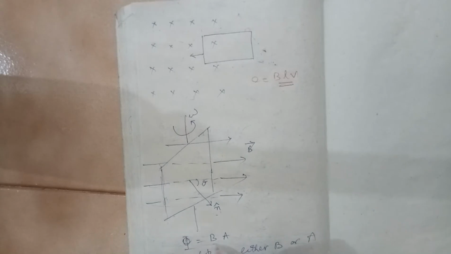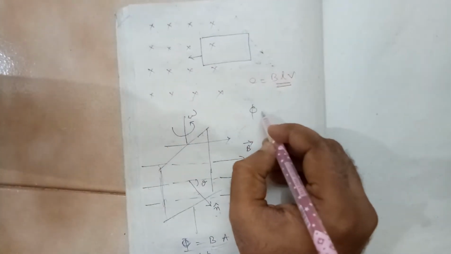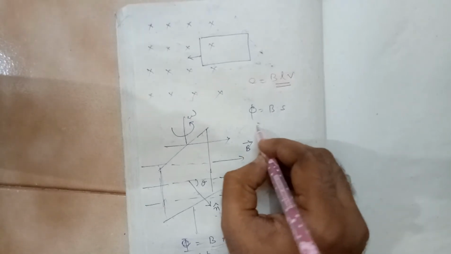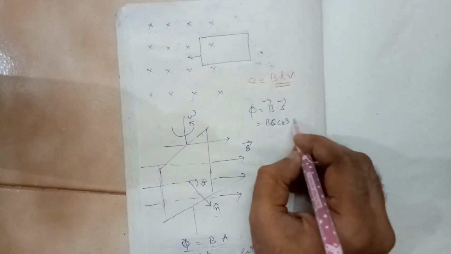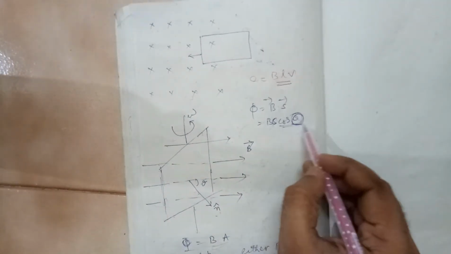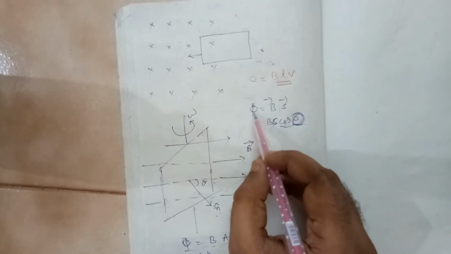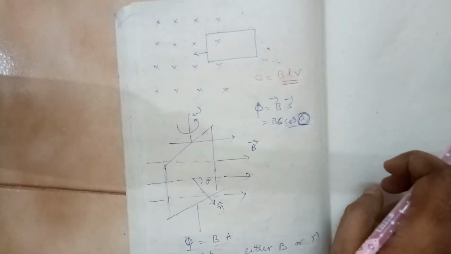So basically flux is equal to B dot S, which is basically BS cos theta. You are targeting this, so this value is changing, so the overall value is changing. We are interested in changing the value of flux.